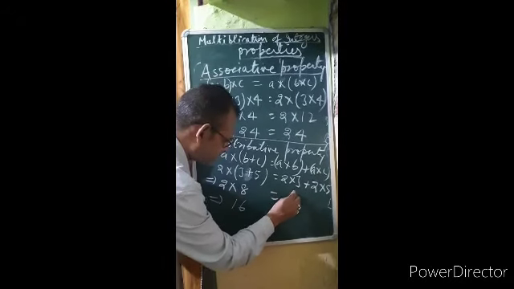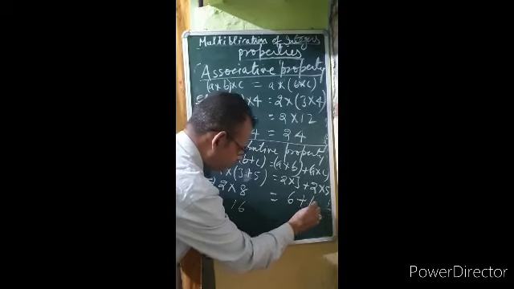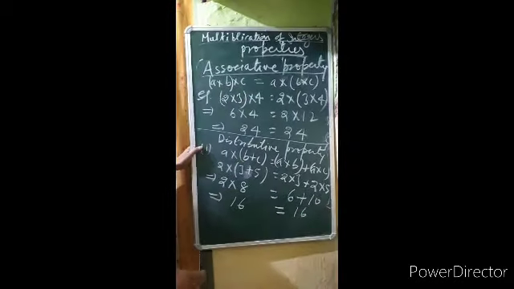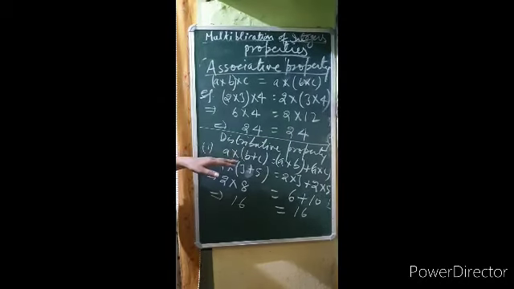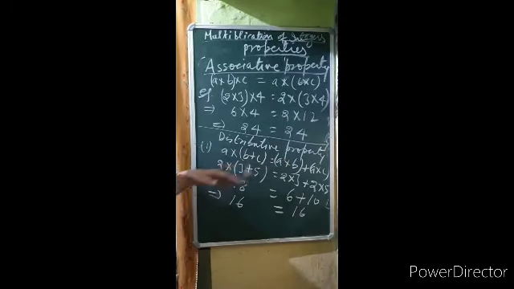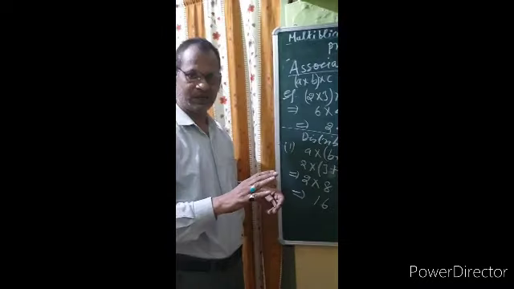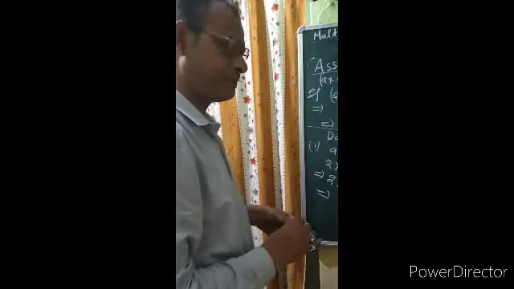Here 2 threes are 6 plus 2 fives are 10, and 10 and 6 is 16, the answer. So this is the distributive property of multiplication over addition. Now let us study the distributive property of multiplication over subtraction.